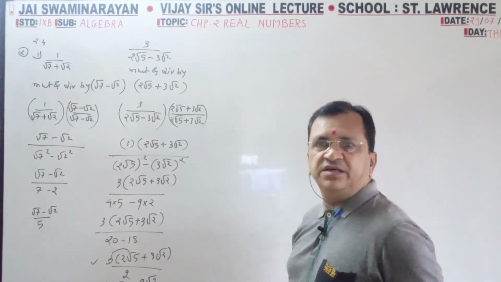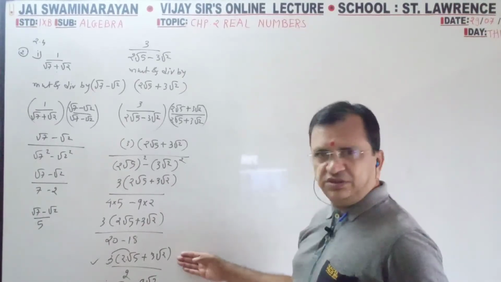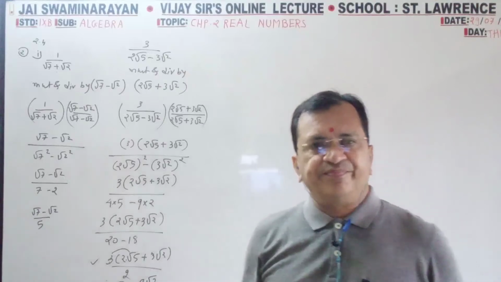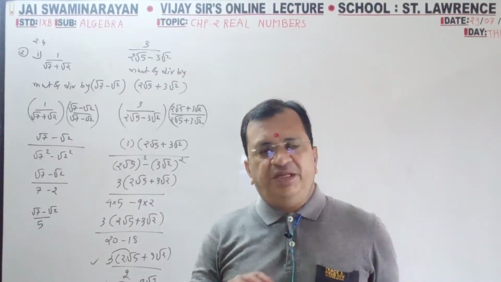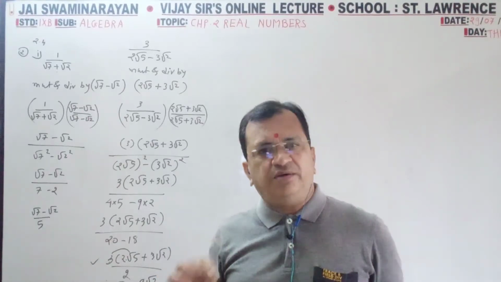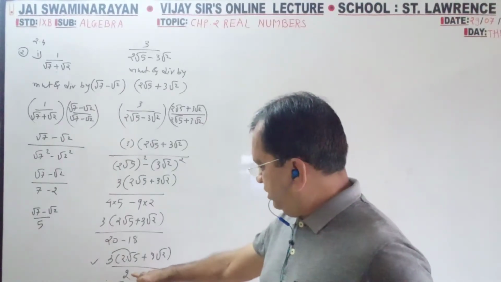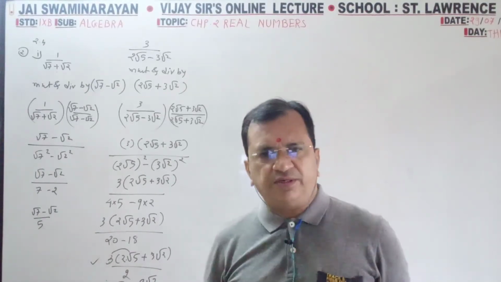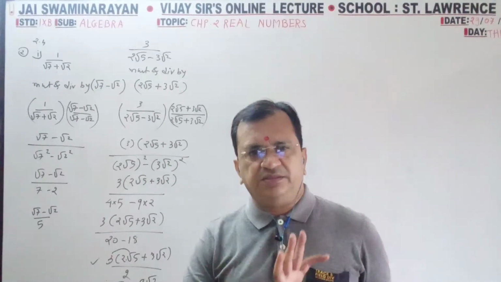Correct. So up to this also it is correct, this also correct. Means you have removed the root from the denominator. See, here also no root, here also no root. So it is correct.